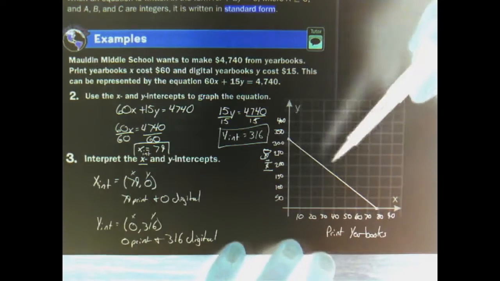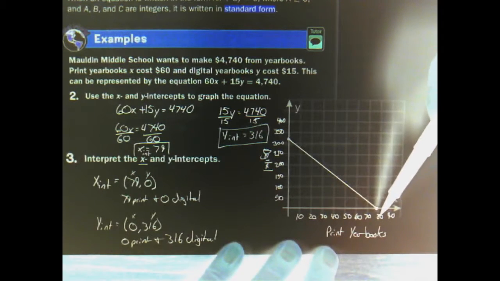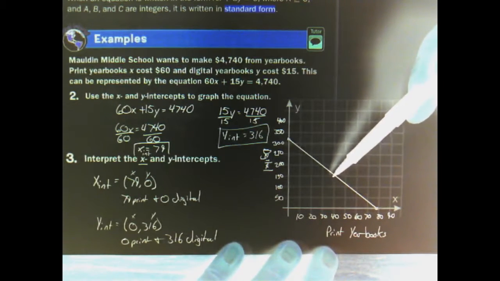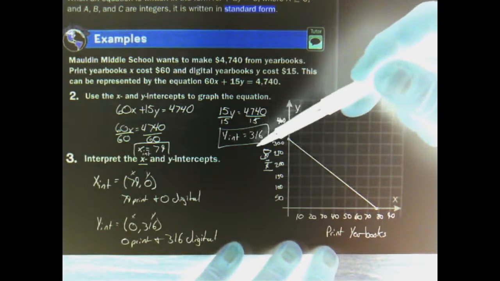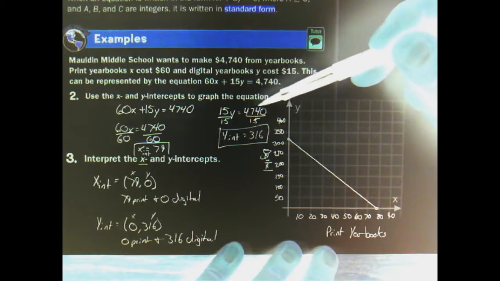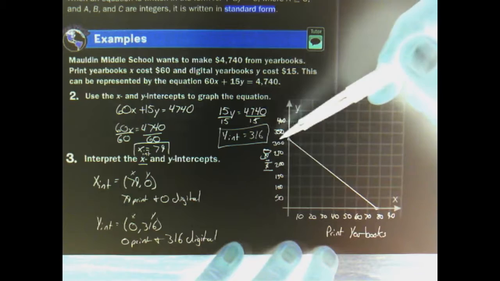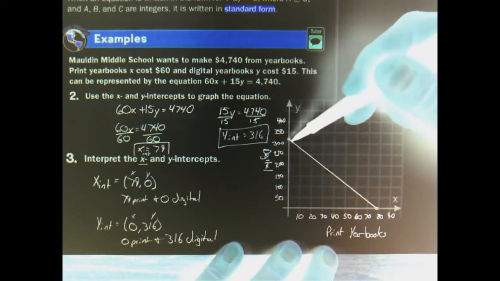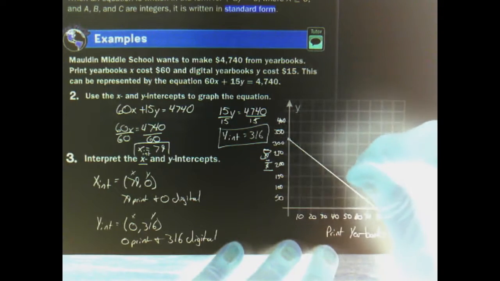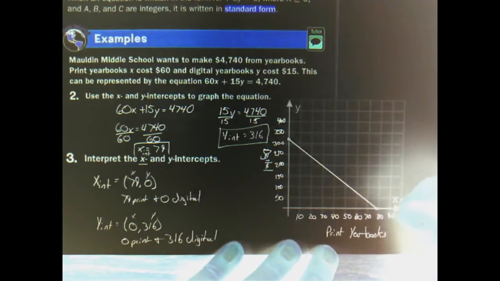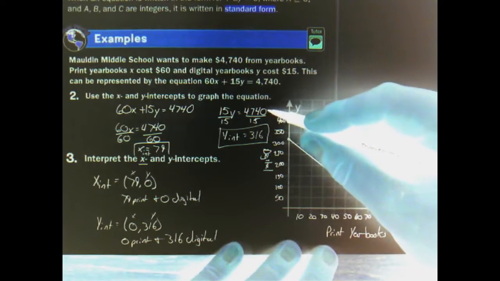So really what this line represents are all the different combinations of print and digital yearbooks that get me to this $4,740. How this is helpful is that we can take a look at this line and say we need an ordered pair above this line in some direction to make more money than that.